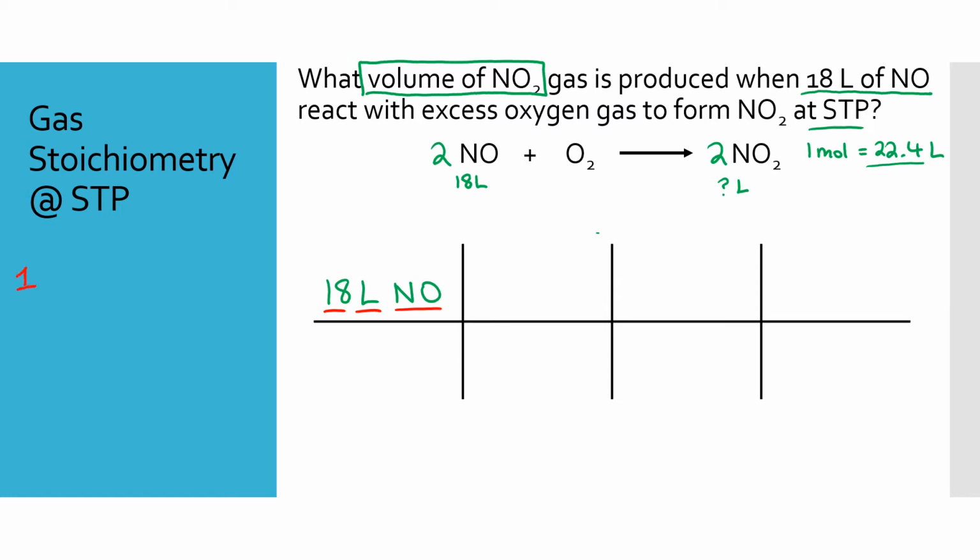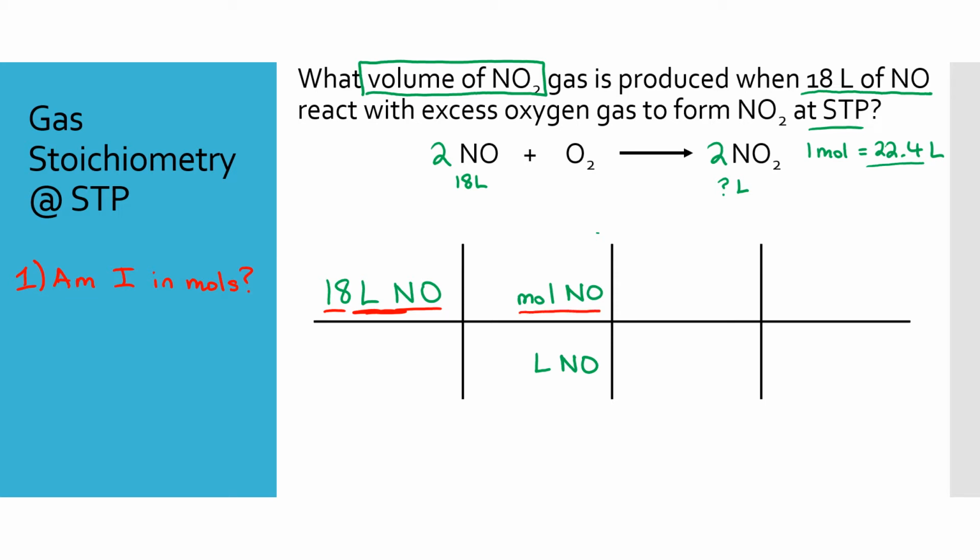Number 1, am I in moles? You're currently in liters. So in order to get out of liters, we need to cancel liters out by putting it on the bottom or copying and pasting. And if I'm not in moles, I put moles on top.